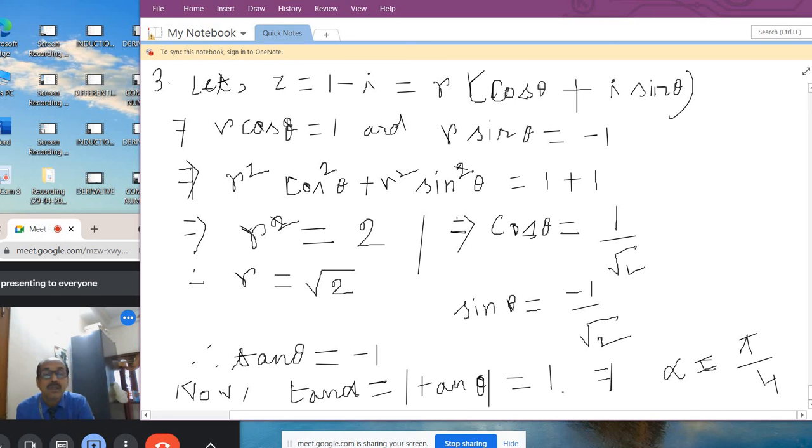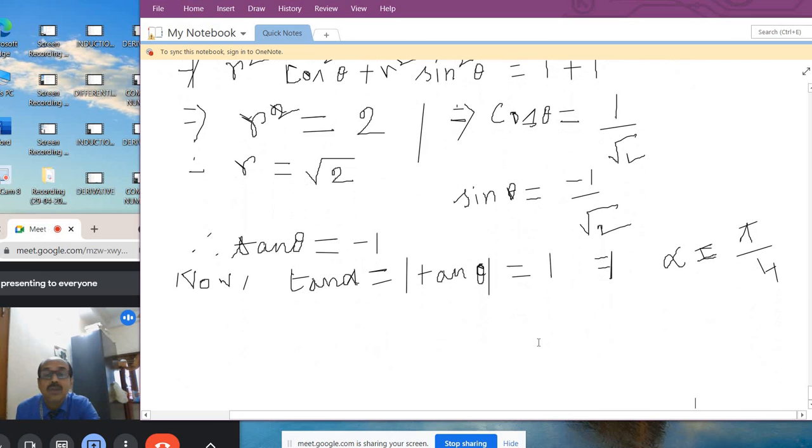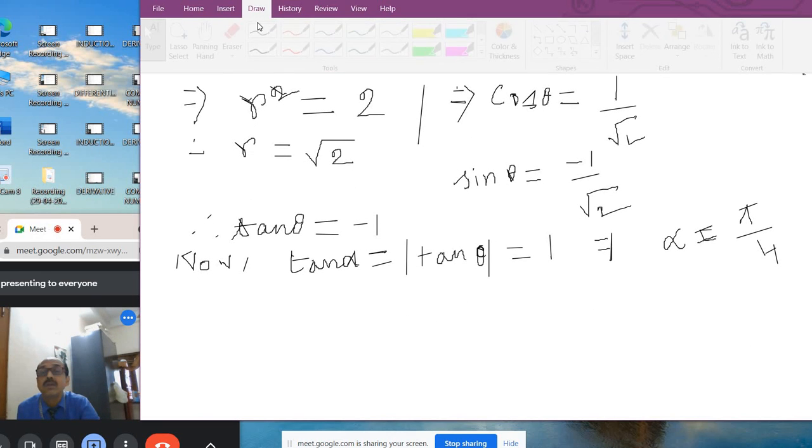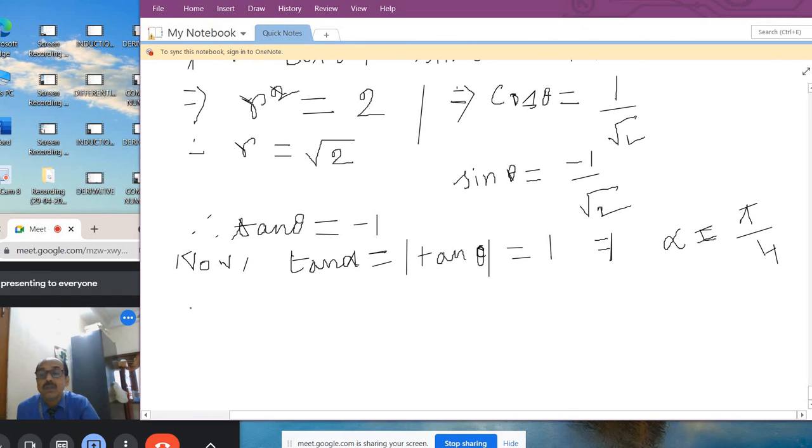Okay. Now theta. So now which quadrant theta lies? Sin theta is minus 1 by root 2, cos theta is positive. Fourth quadrant. Cos positive and sin negative, it is fourth quadrant.